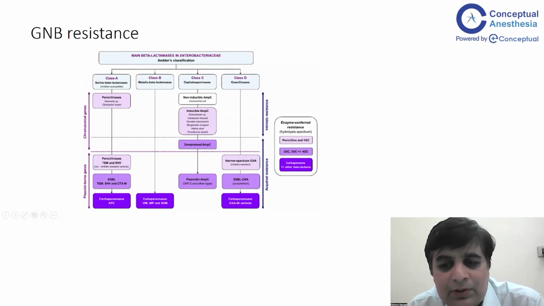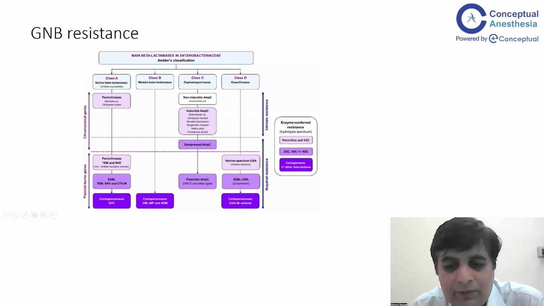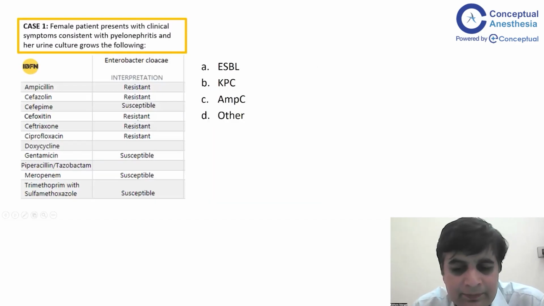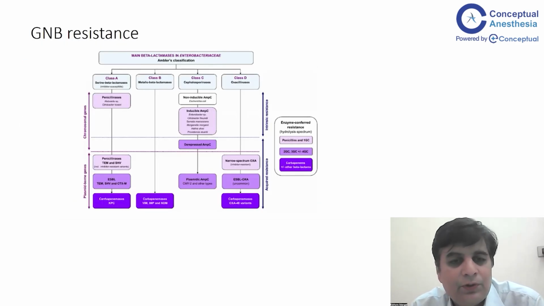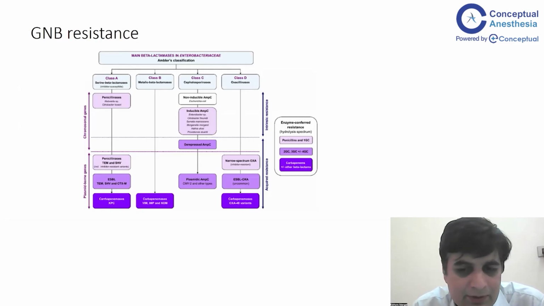In de-repressed, you will see second, third, and fourth generations. And lastly, you have class D oxacillinase, where you have narrow spectrum OXA, ESBL OXA, and carbapenemase OXA in the form of OXA-48 and others. So this is the overview. You have initially penicillinase, then you have ESBLs, and then you have ESBLs and AmpC, and then you have carbapenemase.